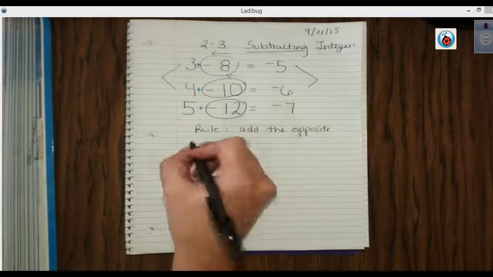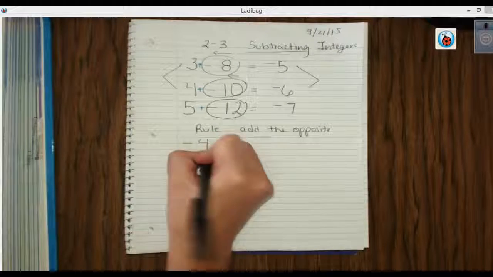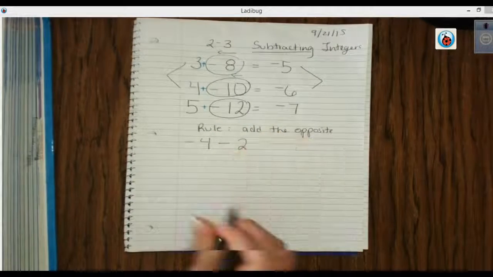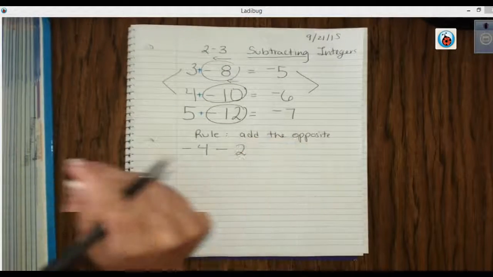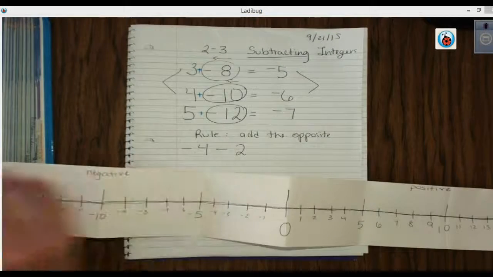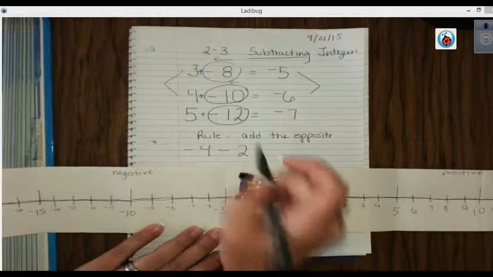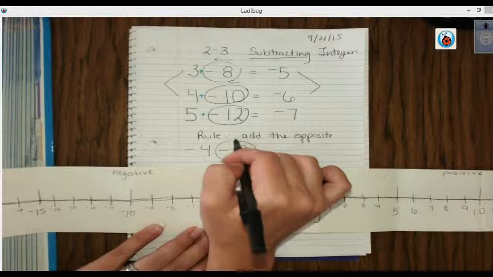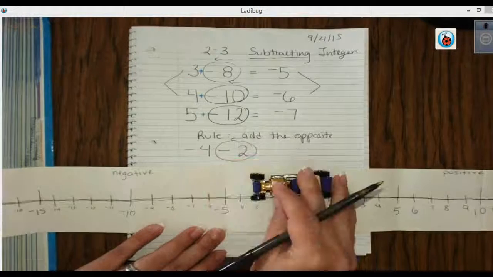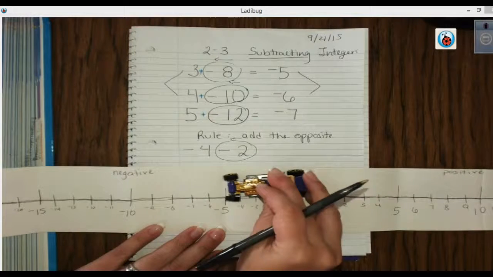So let's say we have negative 4 minus 2. Now we can use our number line. Start at negative 4 and move left 2. And what do we get?